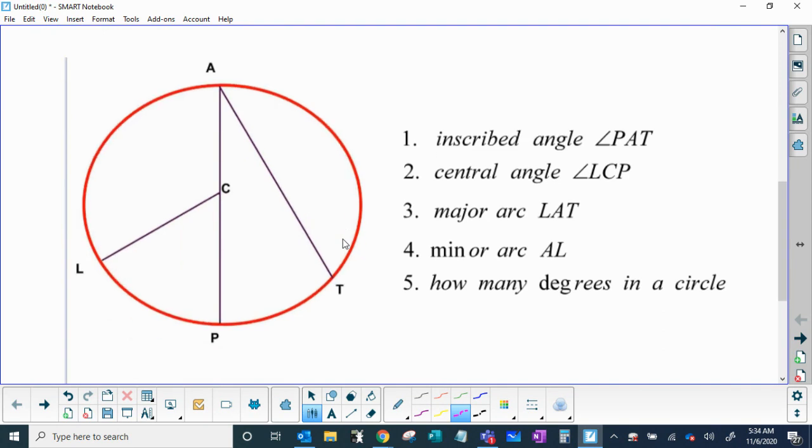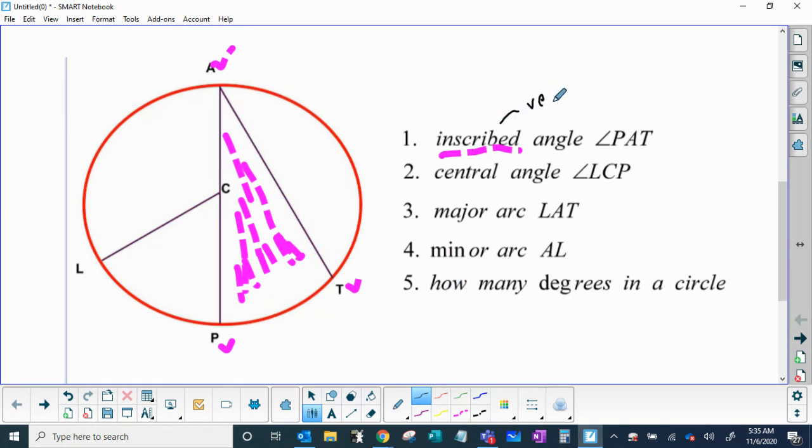Now let's do something a little bit different. Inscribed. A key term that I need you to know is inscribed. Okay, an inscribed angle, I'm just going to mark it here, P-A-T. Inscribed angle, the vertex is on the circle, okay?